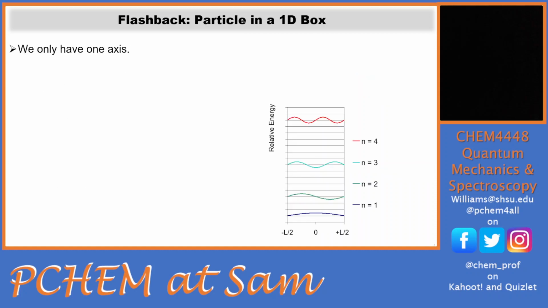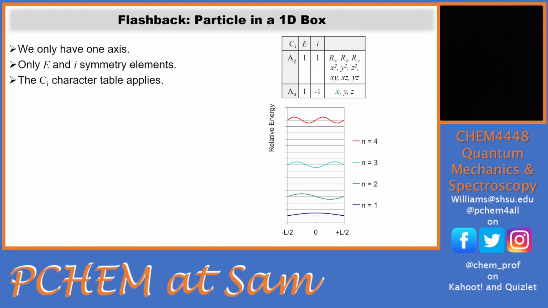So let's flash back to the 1D box problem. We only had one axis. Here's our character table, Ci. We label everything with Ag and Au. And so those are the symmetries of our wave functions. We can determine those symmetries using this inversion operator.